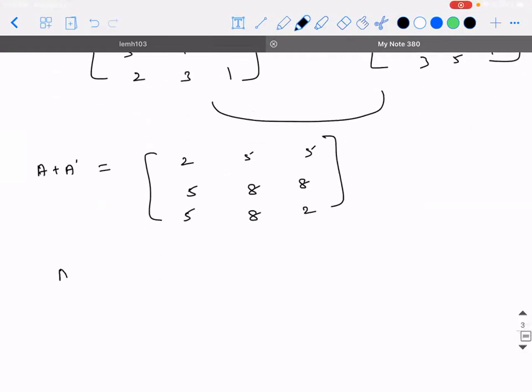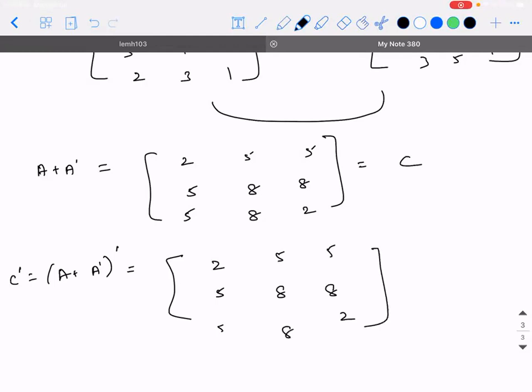Now I will call this matrix C. What is C transpose? 2, 5, 5, 5, 8, 8, 5, 8, 2. Now tell me whether C is a symmetric matrix. Yes, sir. That is the meaning of theorem 1.